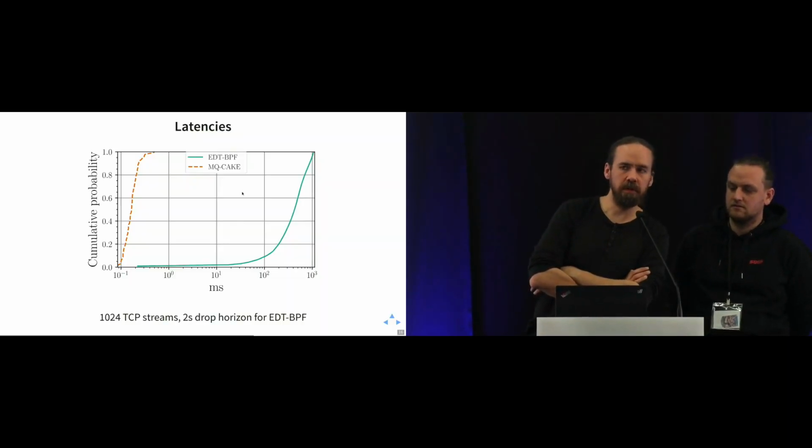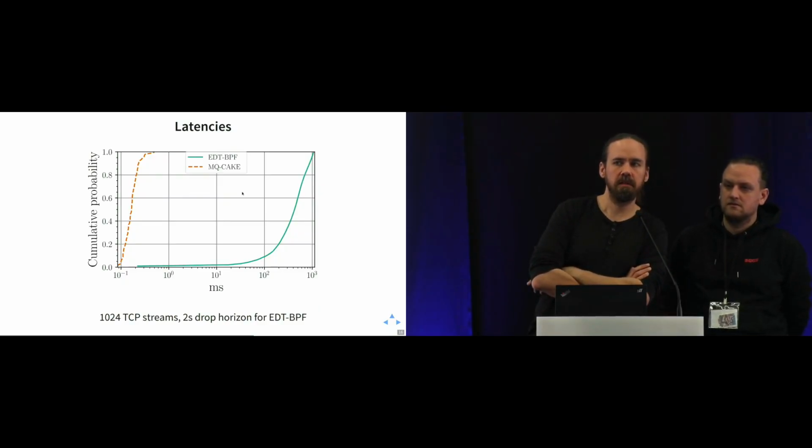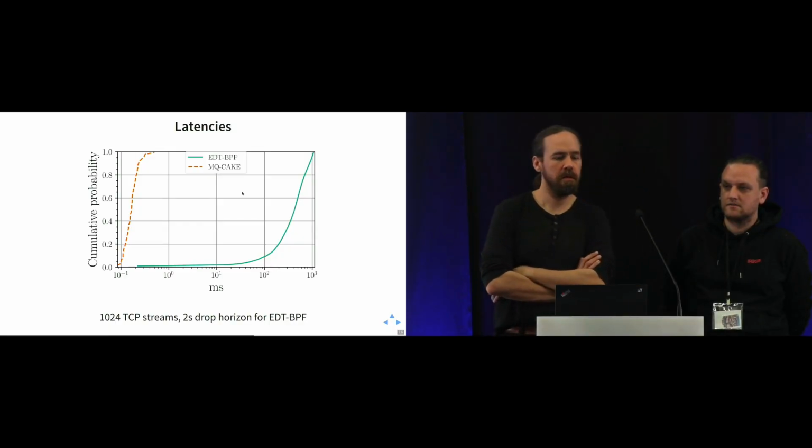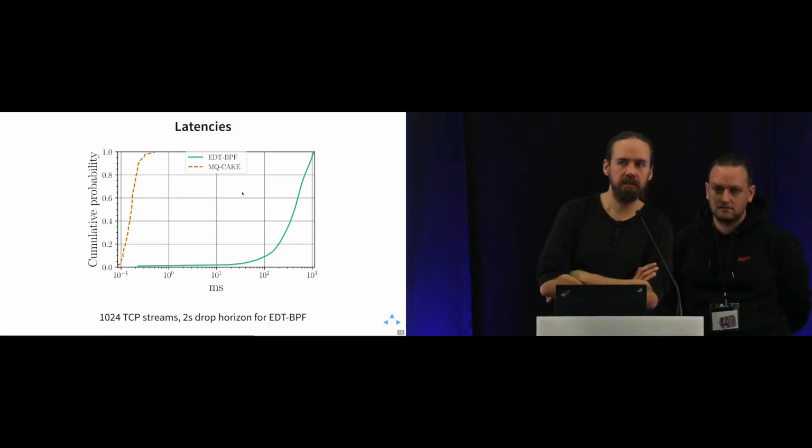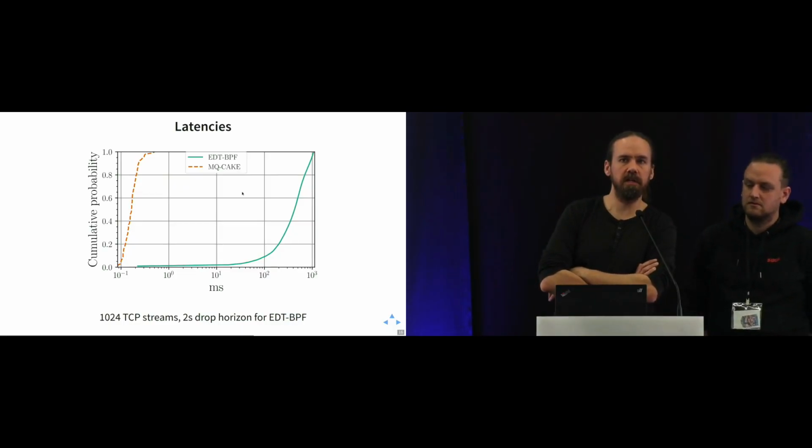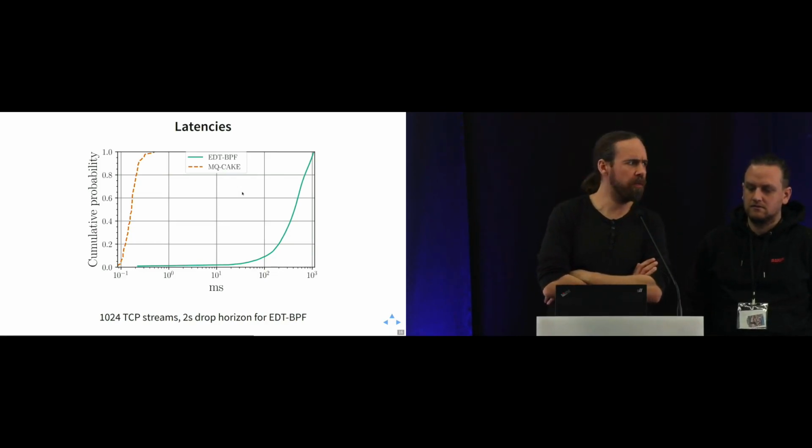So I don't understand. No, it's not EDT BPF on the host that is this TCP sender. Yes, but what's the difference between shaping in MQ or EDT? Is it the same rate? I don't see how it can build a queue. It's configured to the same rate, but I think we raised the queue limit of the underlying FQ scheduler.